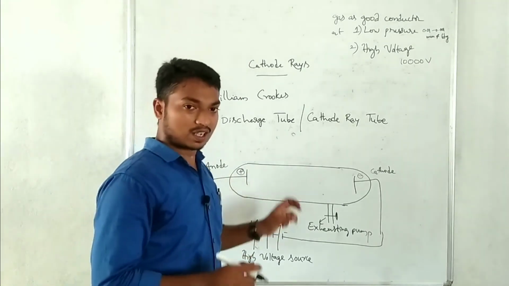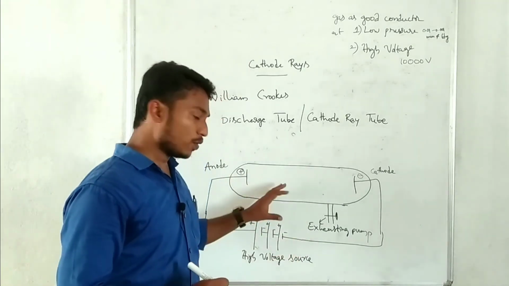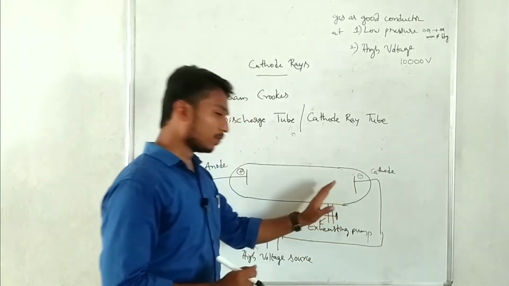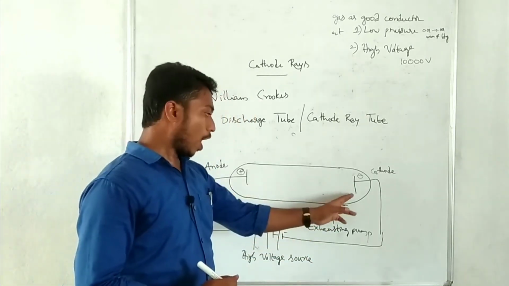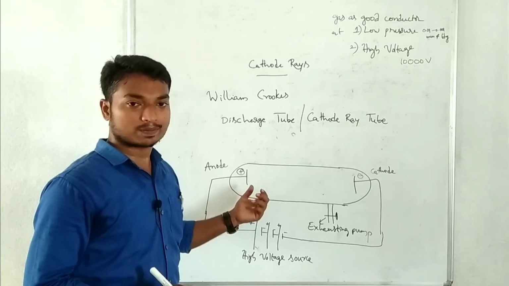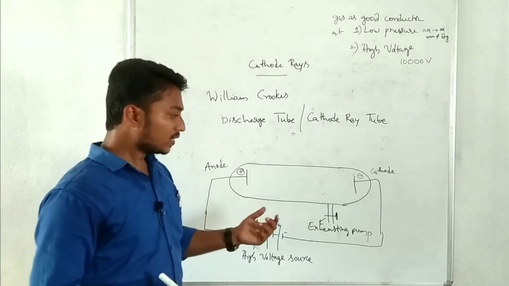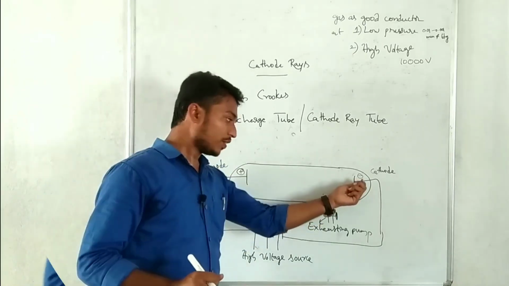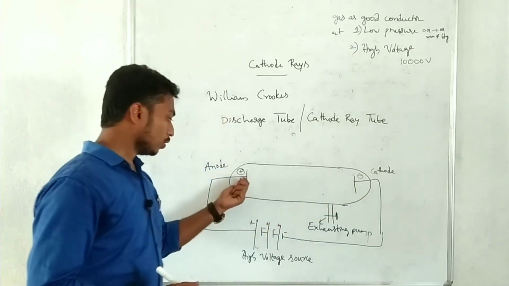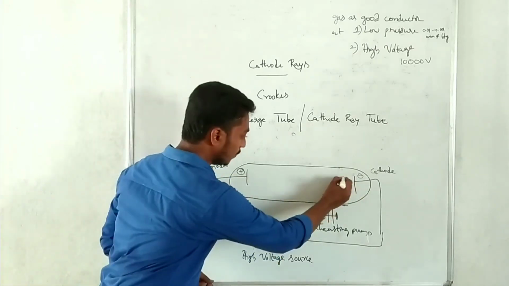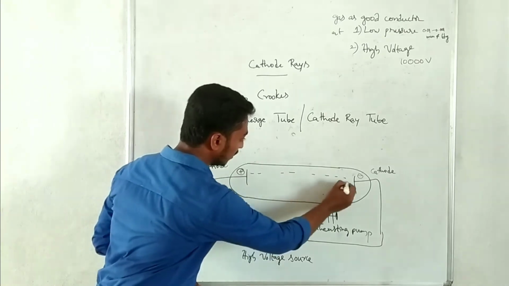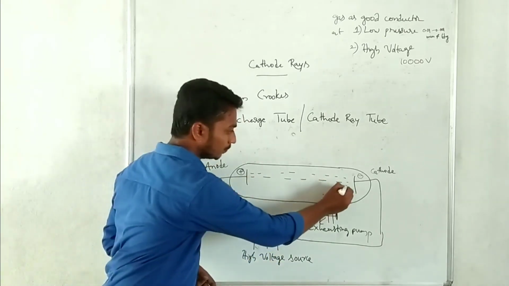At these applied conditions, high voltage and low pressure, after some time the plate opposite to the cathode will start glowing. That means some invisible rays are coming from the cathode towards the anode.